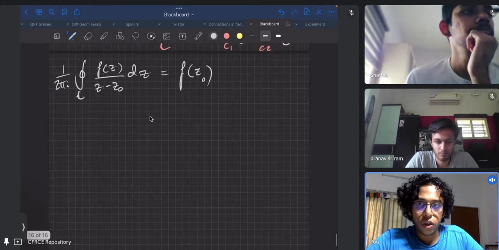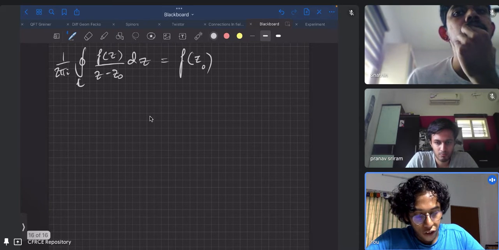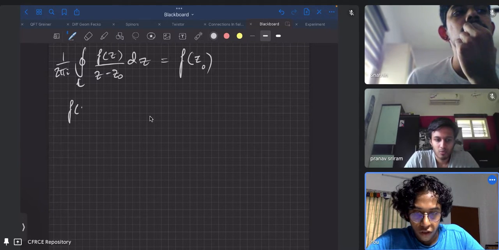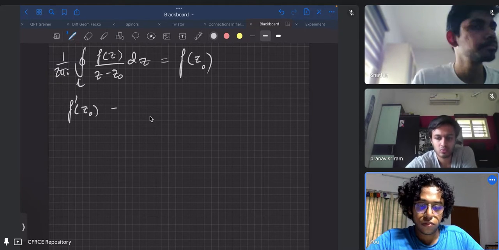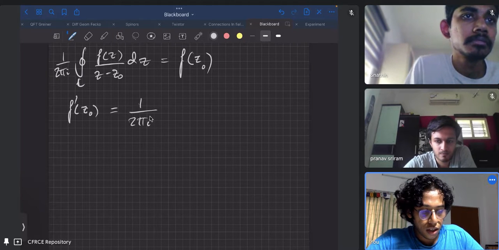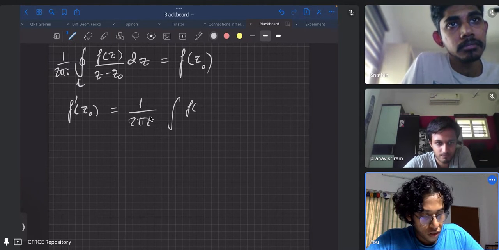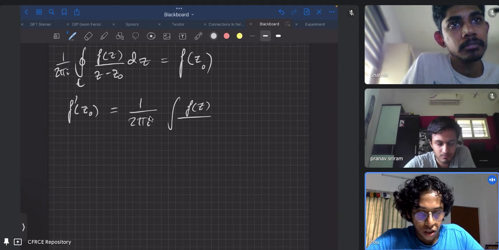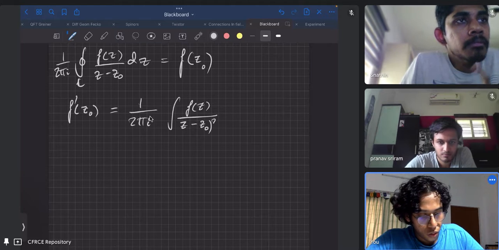Now what we do here is we try differentiating f of z naught. So we arrive at 1 by 2 pi i, the integral of f of z by z minus z naught the whole squared.